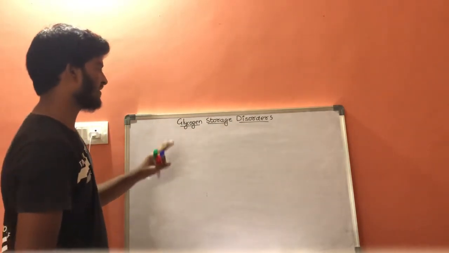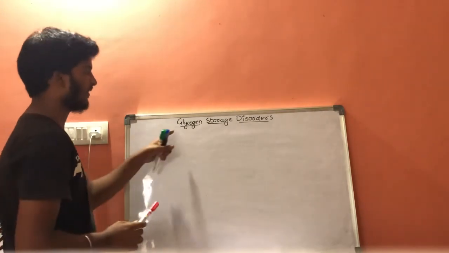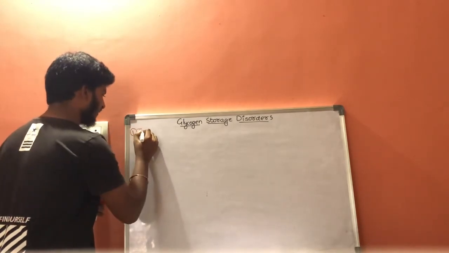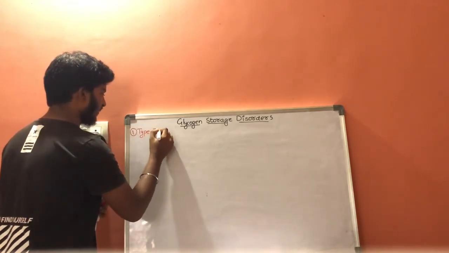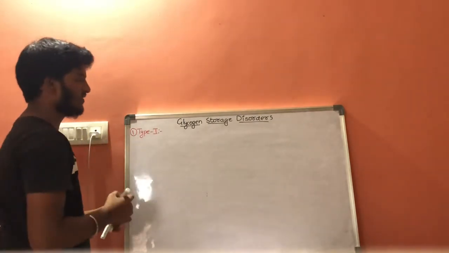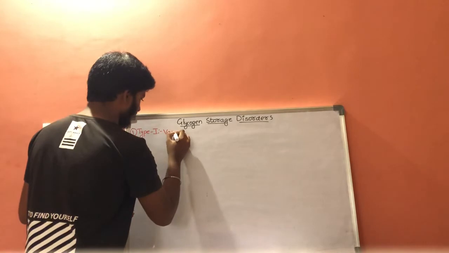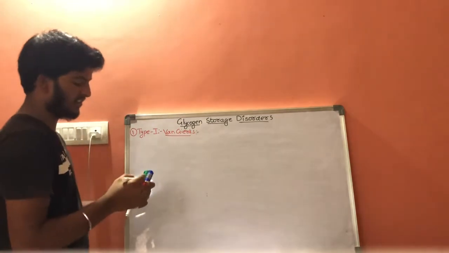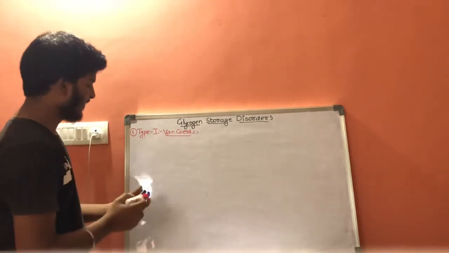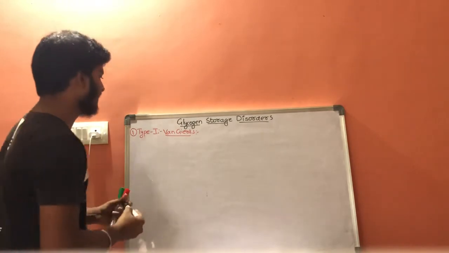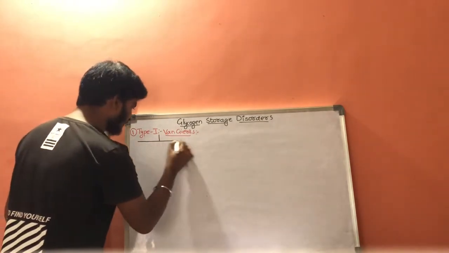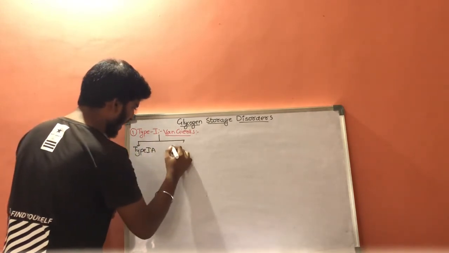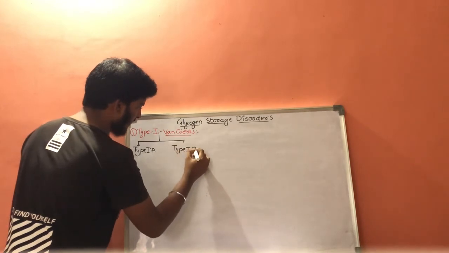Now let us discuss type 1 glycogen storage disorder. The name of type 1 is Von Gierke disease, and it is internally divided into two forms: type 1A and type 1B.